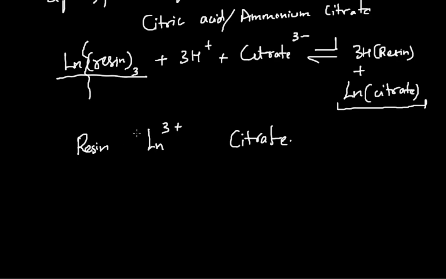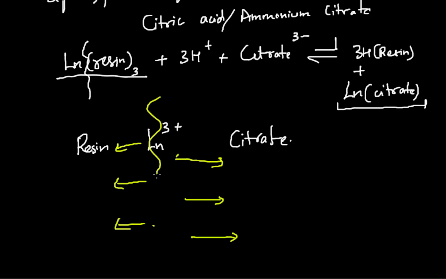At one point it is on the resin, at the next point it's on the citrate, and it keeps alternating. As the citrate solution runs down the column, the metal ions form complexes alternately with the resin and the citrate solution many times.